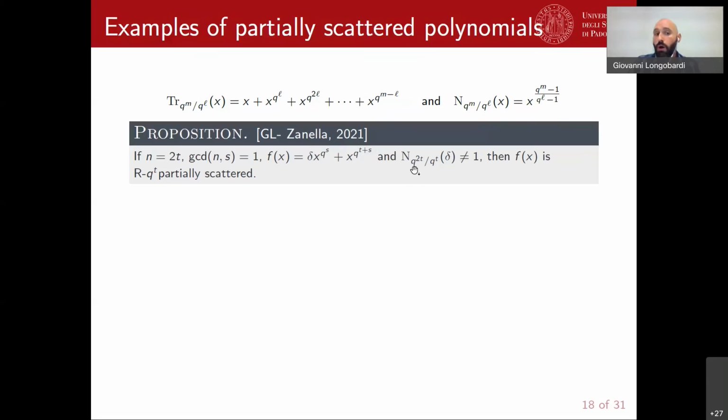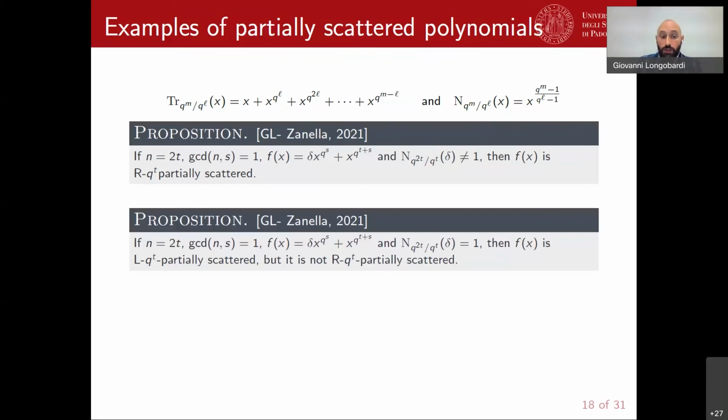If the norm of q^{2t} over q^t is not 1, then f(x) is R_{q^t} partially scattered. Inside this family of polynomials, of course, there are the Lunardon-Polverino scattered polynomials.